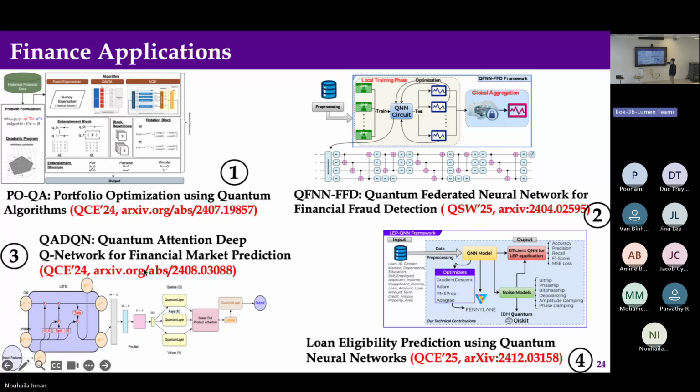Okay, thank you. So for the portfolio optimization, how many assets were you able to use for simulating? Yes, for this work, because it's from my team, I cannot remember the details. Probably they used 4, but we have a recent one, also this year.